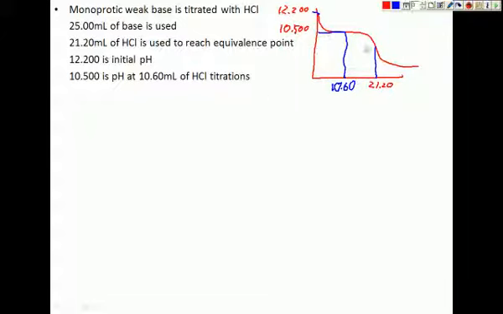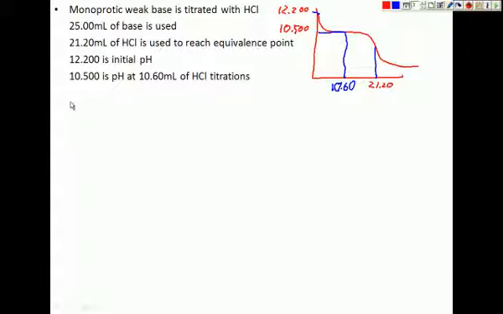So we kind of have our titration curve right here. Let's first find our Kb, then find the concentration of our weak base, and then we'll find the concentration of our HCl. Anyways, let's go.